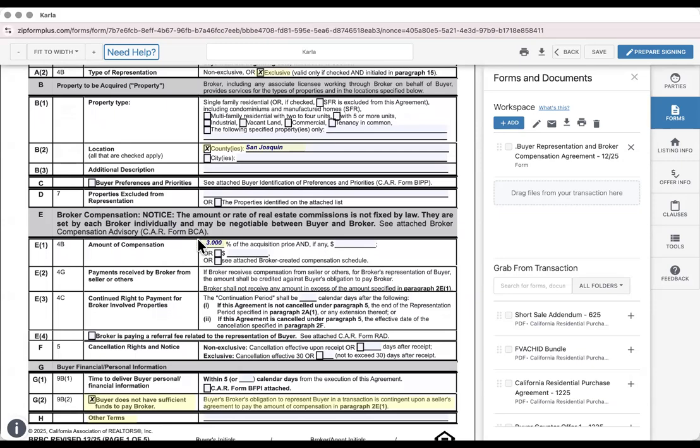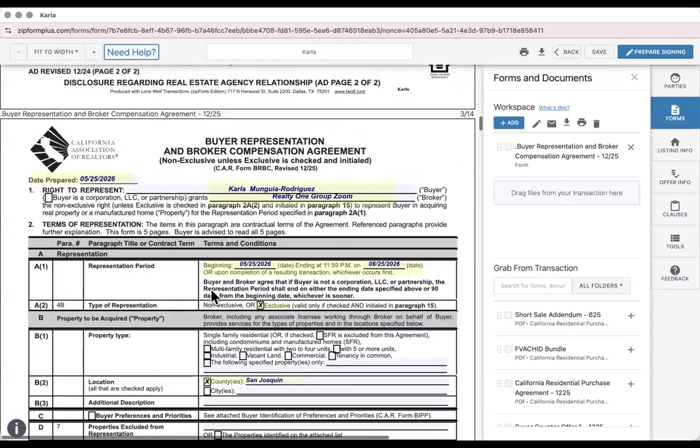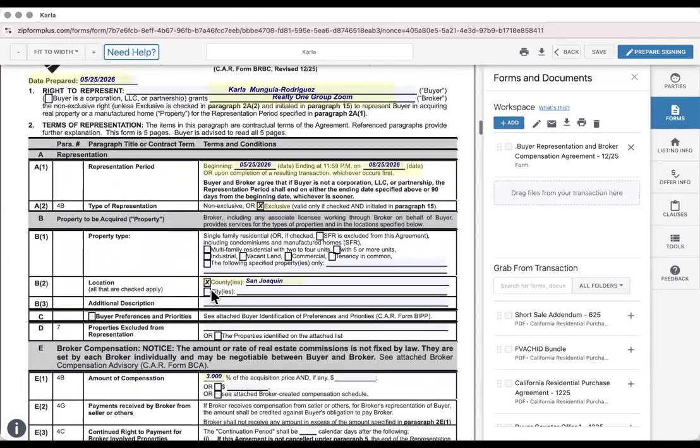And whenever you write a contract or a purchase agreement, your commission has to match this amount right here. It has to match. Now, if you negotiate it down, then you would do an addendum. Or I think there's a modification. I'm sorry, it would be a modification.